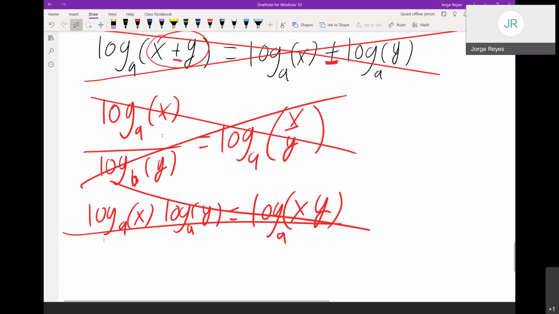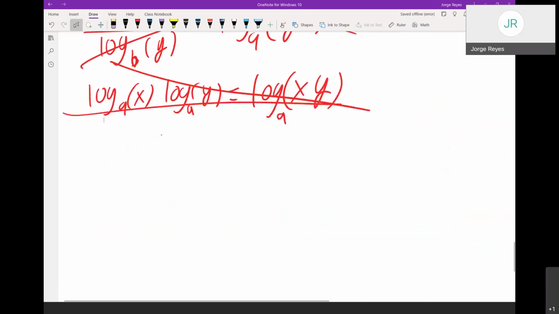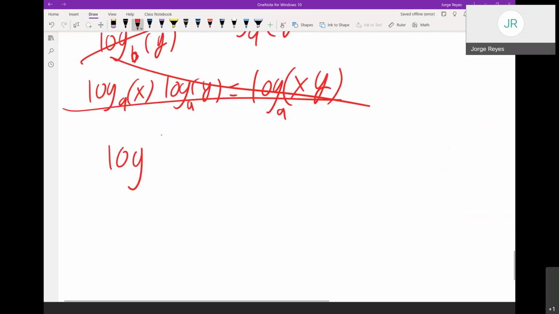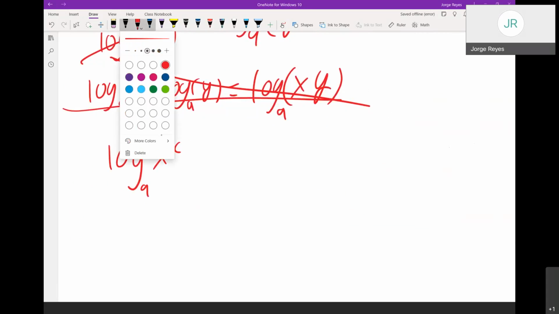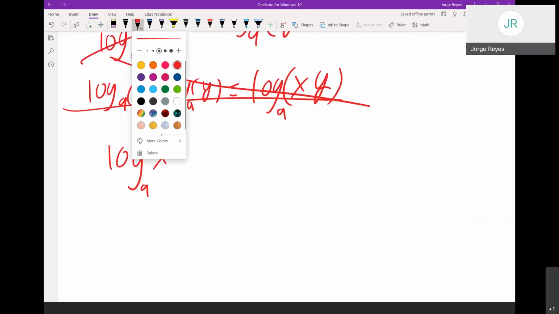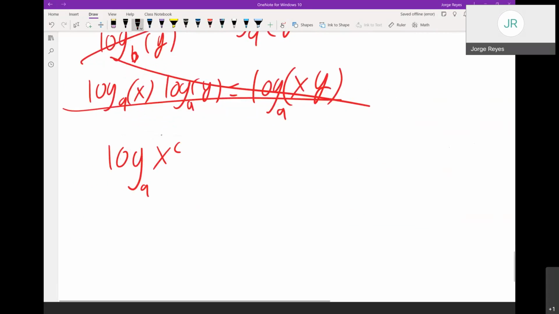And the last common mistake is the power rule. When you see this, which is really like textbooks' and professors' faults almost, you assume it really means this. And then you do the power rule and it just works out.